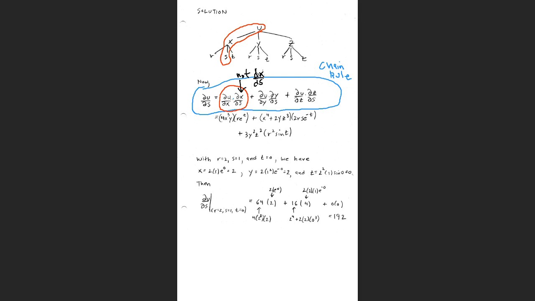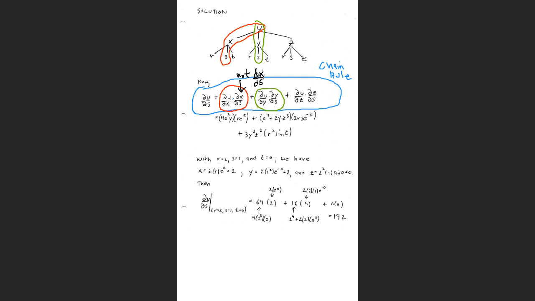Okay, and then the second path. Here's the second path. That corresponds to this link in the chain. u changes with y, and then y changes with s. So ultimately, if we want to know how u changes with s, we take the rate at which u changes with y and multiply it by the rate at which y changes with s. Okay.